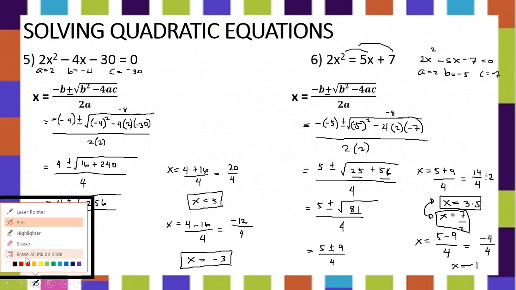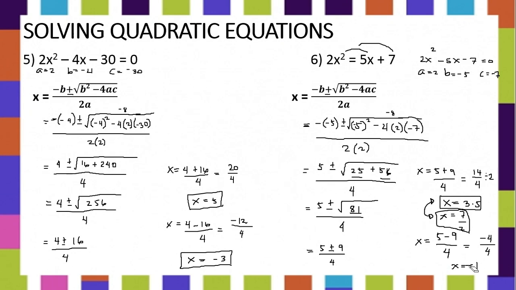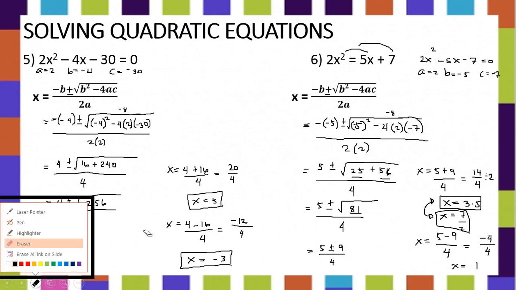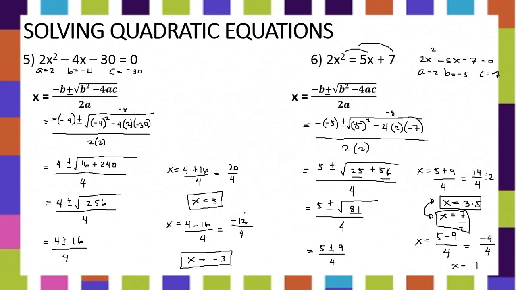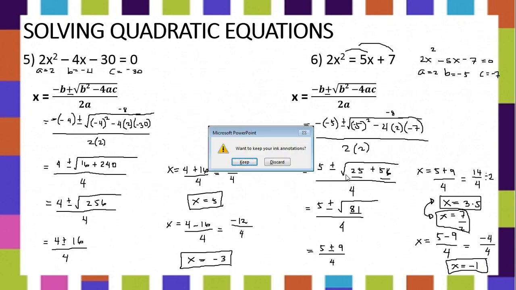And negative 4 divided by 4, negative 1. And nasolve na natin lahat ng mga problem natin. So that's all for our review. Next na lesson, discriminant. Wait nyo.